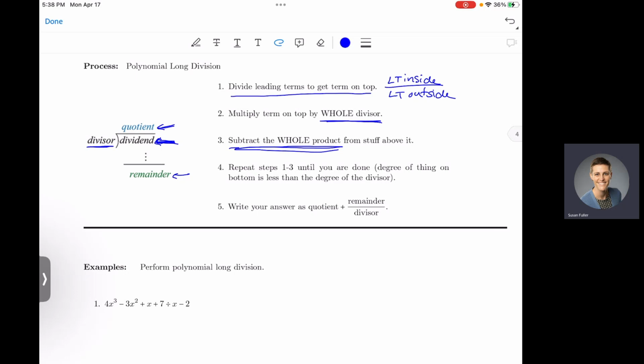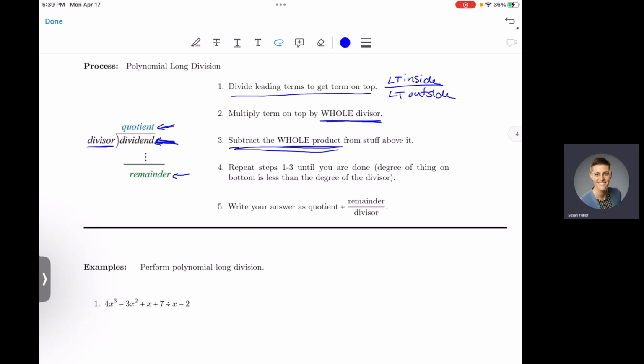And then you'll go through this cycle again where you say, okay, that was round one. Now I'm going to continue building my quotient. So you'll do the leading term inside of what's left divided by the leading term outside and get your next piece of your quotient. You'll multiply and then subtract your product, and that's another round. And you'll keep doing those rounds until the leading term inside is not able to be divided by the leading term outside.